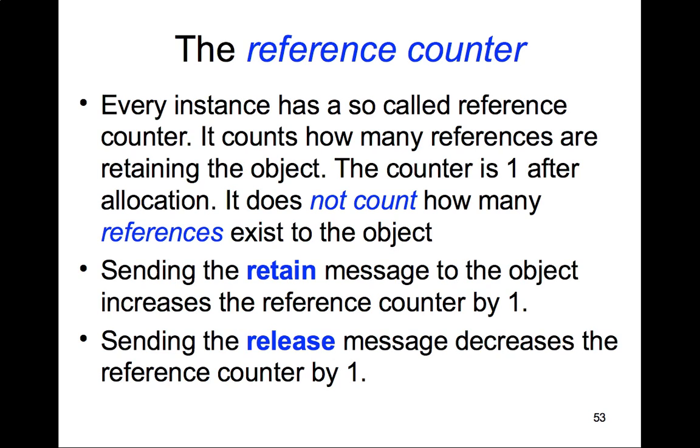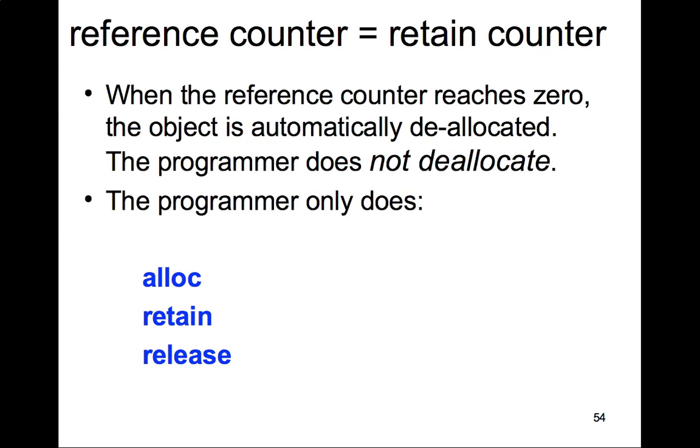When we leave a method call that uses the reference object, we called release in the old days before automatic reference counting came around, and that decreased the counter by 1. So we increase it by 1, decrease it by 1, and eventually when we hit 0, it's cleaned up. We don't have to do anything. It's cleaned up for us automatically. That's why it's semi-automatic.